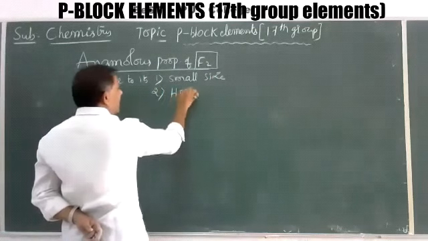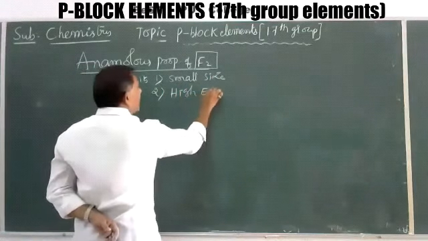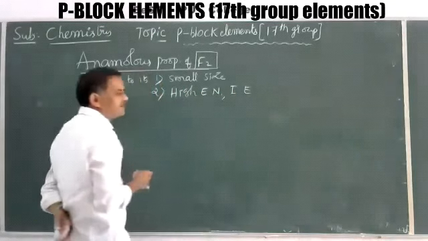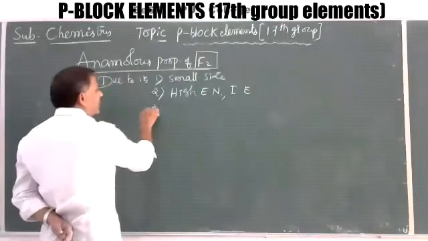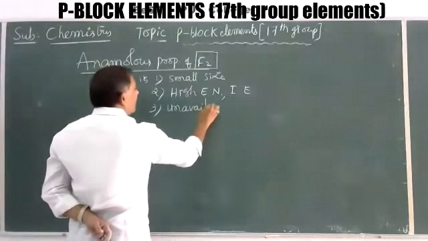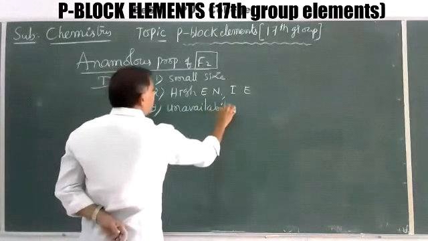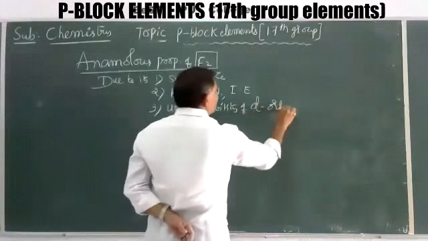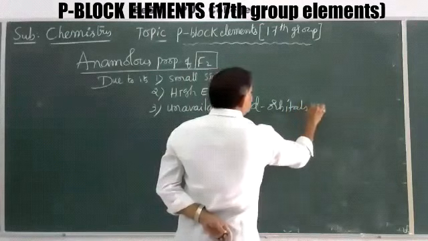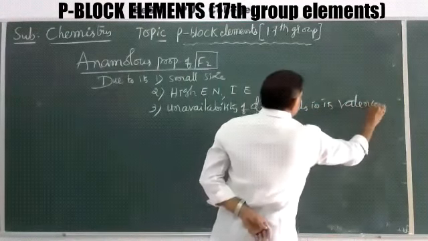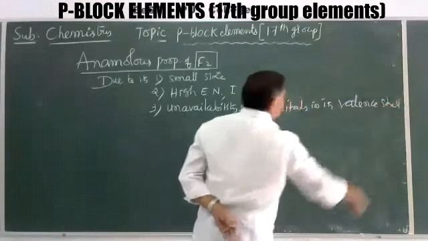Next is high electronegativity and ionization energy. Then the third one is the unavailability of d orbitals in its valence shell. That is the main reason.